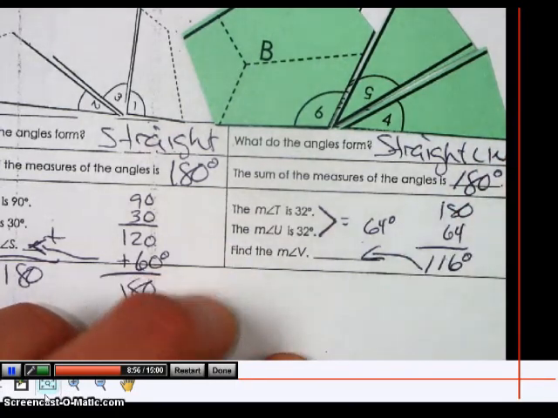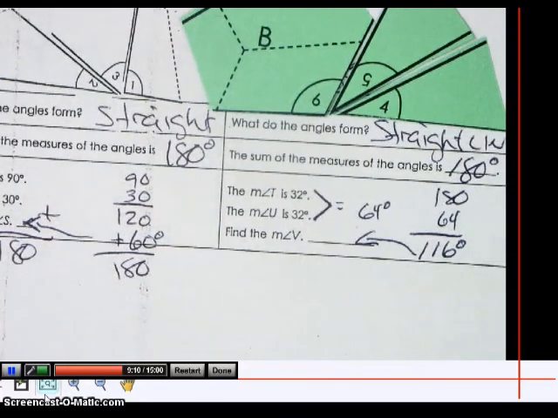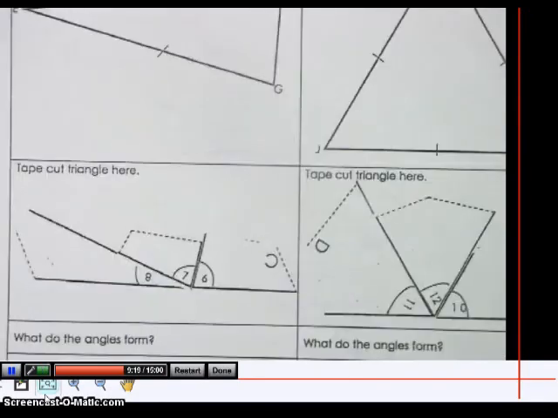So now we know it's not only an isosceles triangle, but that third angle is greater than 90, so it's a what isosceles triangle? Obtuse isosceles triangle. Okay. All right, so what I want you to do is number 3 and number 4 on the next page and the problems below it on your own.